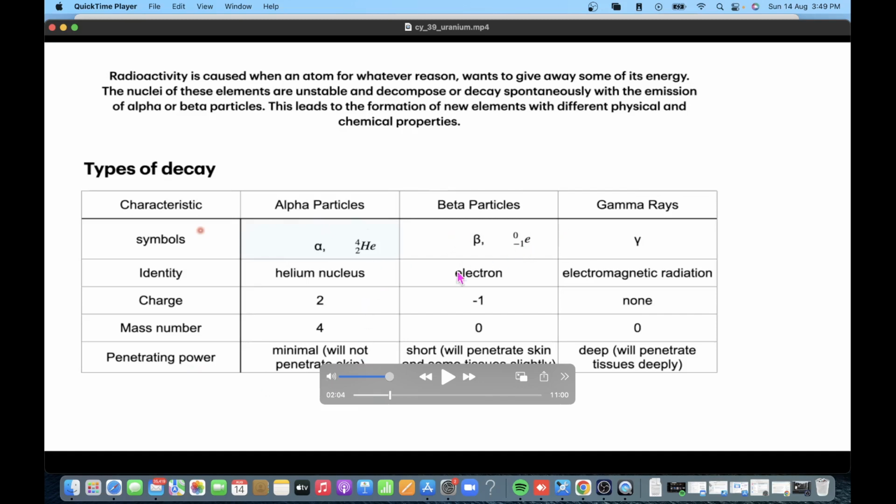Beta particles are basically electrons carrying charge -1, mass 0. They have a penetrating power a little higher than alpha particles, but it is also short. Gamma rays are electromagnetic radiation with 0 charge, 0 mass, and they have a very high penetrating power. So these are the types of decay when my element goes through radioactive decay.